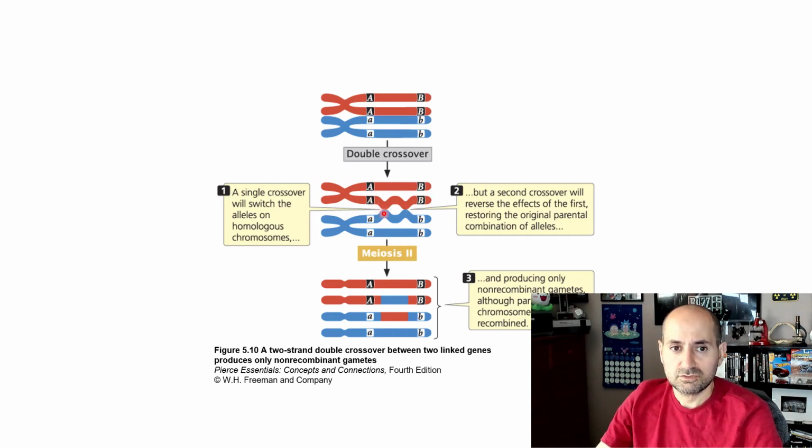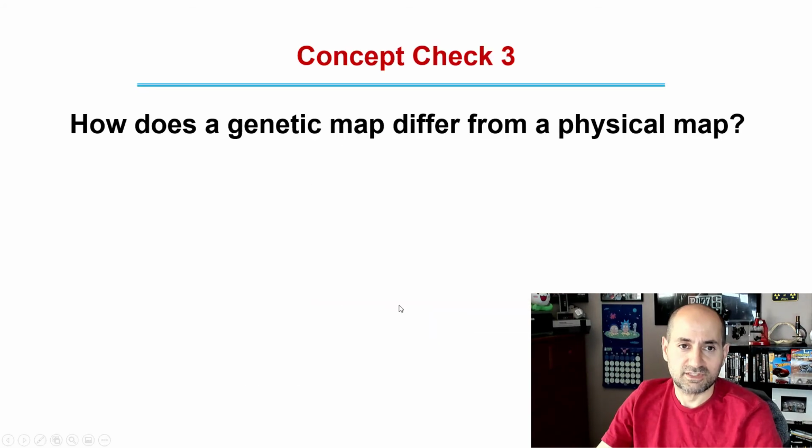Let's say there's a crossover event here and then a double crossover here. Well, there's no actual recombination between the A and B alleles, is there? However, you did exchange some actual genetic material. So in this case, you might think this is non-recombinant progeny. However, parts of the chromosome have recombined. Just be aware of that.